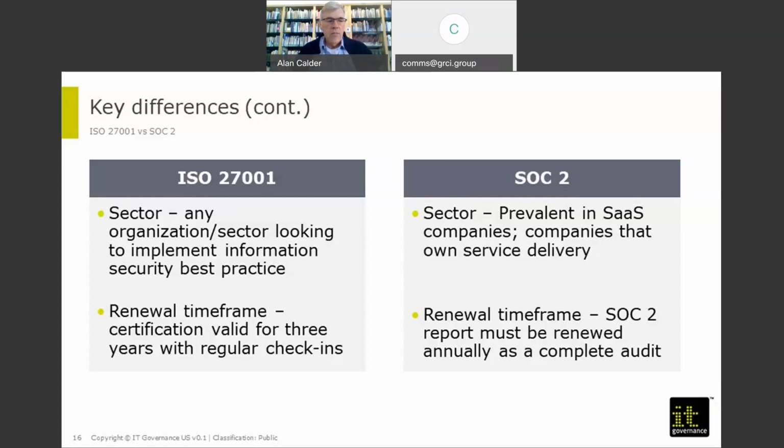So ISO 27001 works for any organization in any sector that's looking to implement information security best practice. It's completely sector agnostic, it's technology agnostic. SOC 2 tends to be prevalent in SaaS companies, in digital organizations.